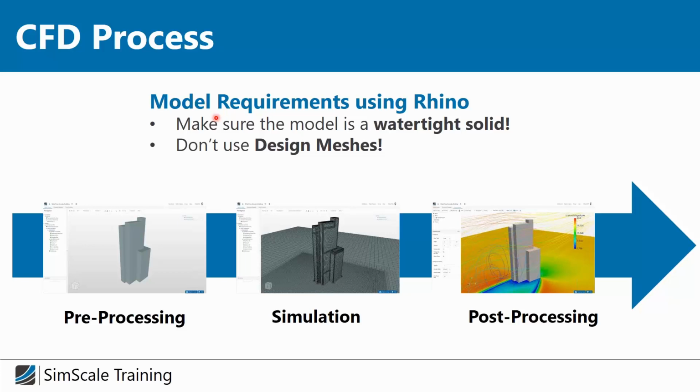We have to make sure the model is watertight and is solid. And another thing, please don't use design meshes, since this is a very specific way of modeling surfaces which is not completely supported right now. However, we are working to integrate that also. But if you stick to these two tips, it will make your life very easy.